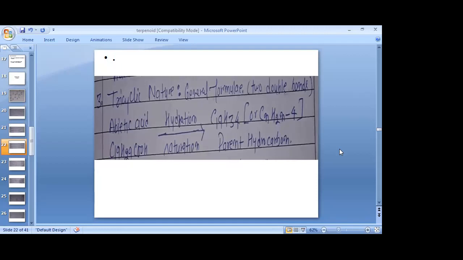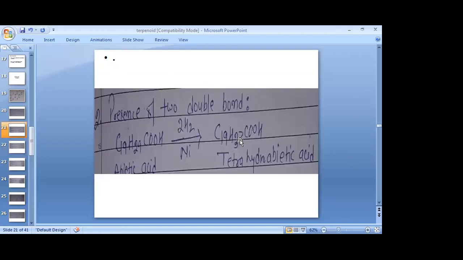But before that, you know there are two double bonds, so first we need to reduce abietic acid into C19H33COOH. If we do further reduction, CO2 is removed and it converts into C19H34.